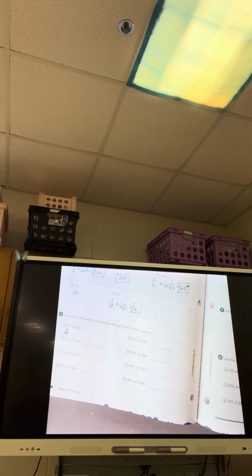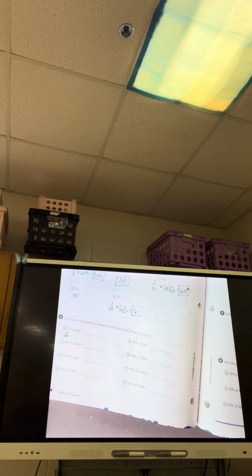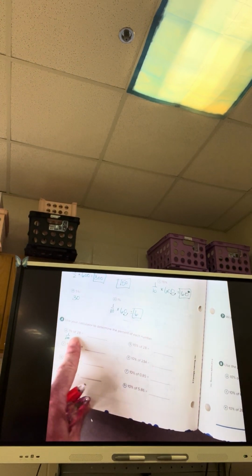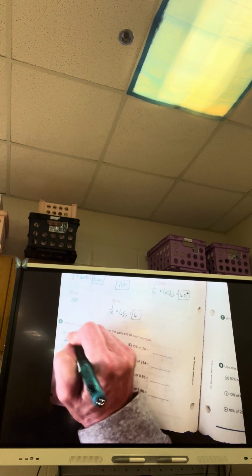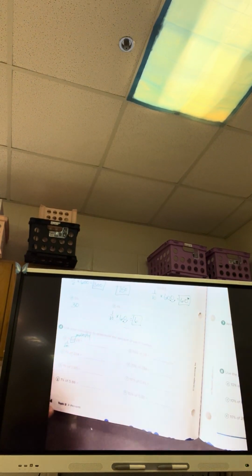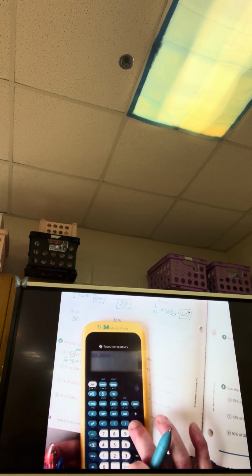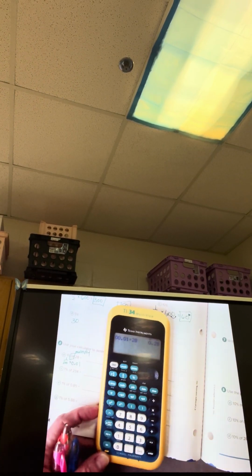So if I get my handy dandy calculator, I'm just going to take 1/100th of 28. This word of means to multiply. What is 1/100th as a decimal? 0.01. So in your calculator, you punch in 0.01 times 28, and you get 0.28.